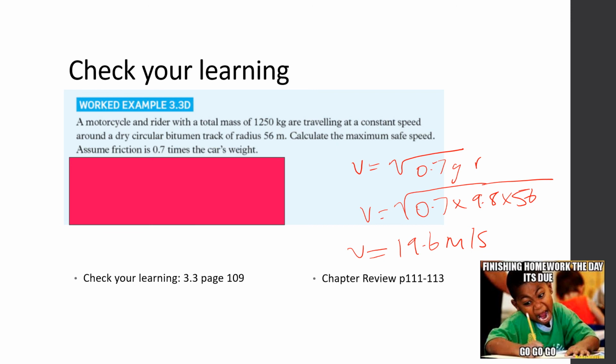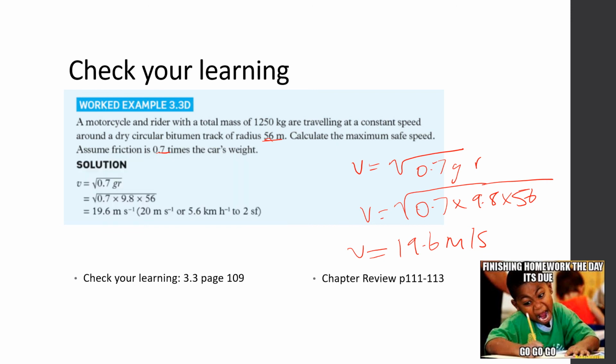So if we look at this, we've got two sig figs here and here, so we would give that as 20 metres per second to two sig figs.